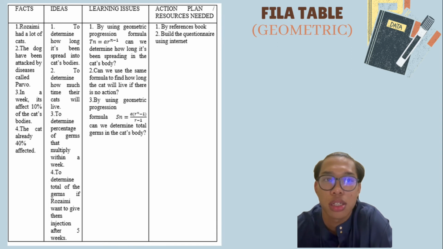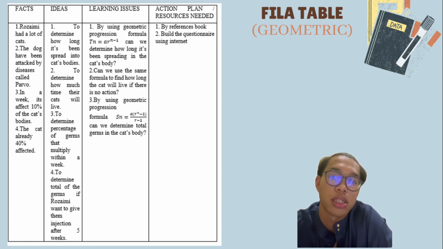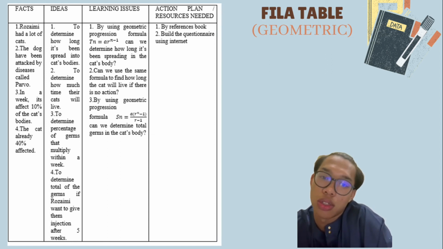For the learning issues, we have 2 formulas that we can use to solve it. For the action plan or resources needed, I just use reference books and the internet.